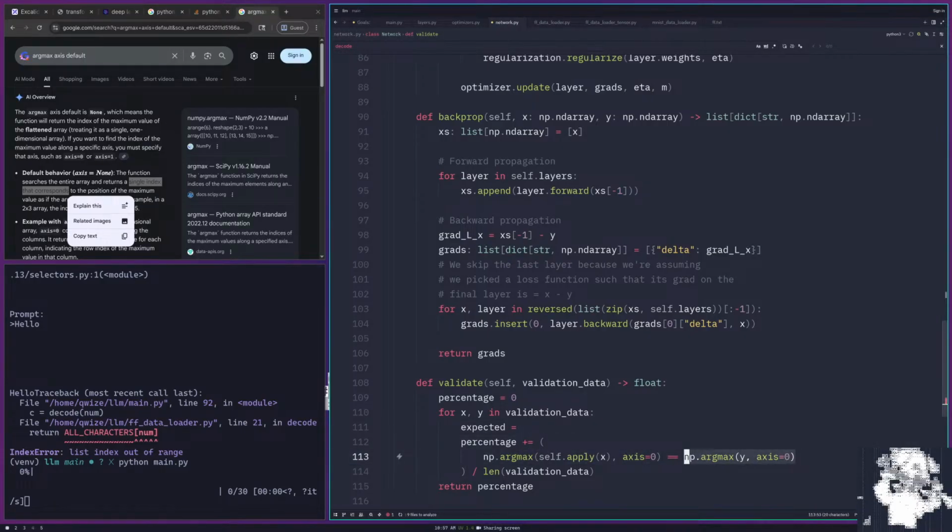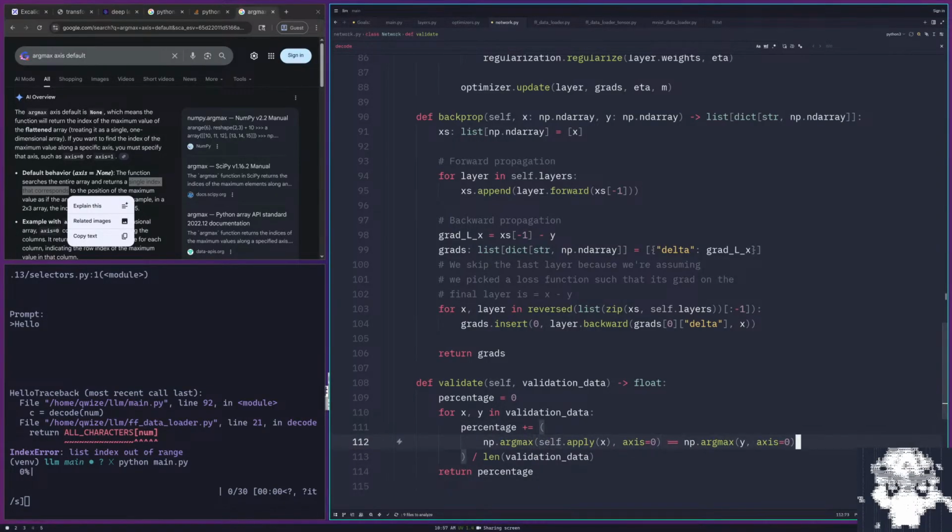Why am I doing an argmax on the expected output? I guess it should already be argmaxed. Shouldn't I just do Y here?